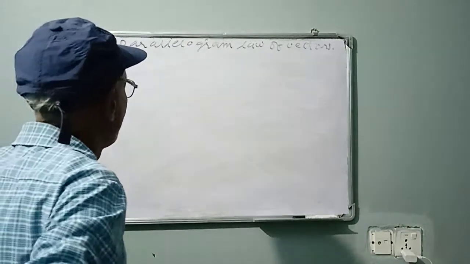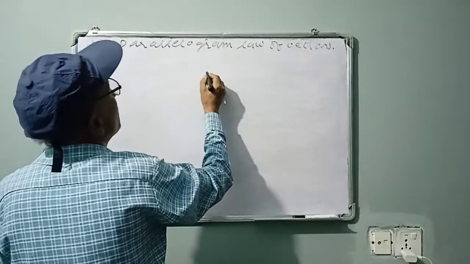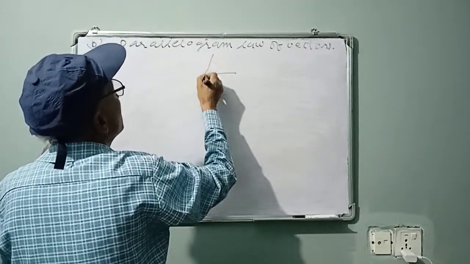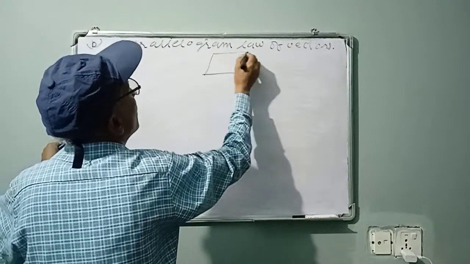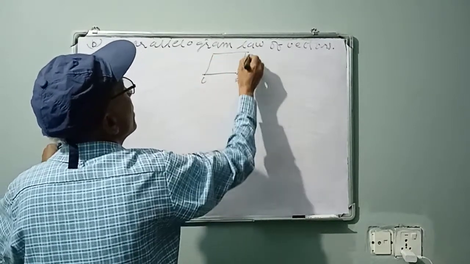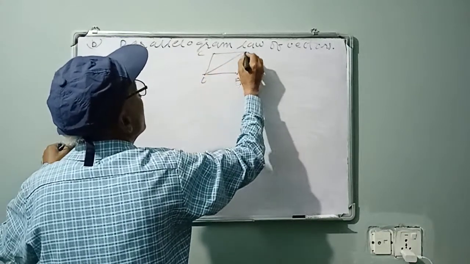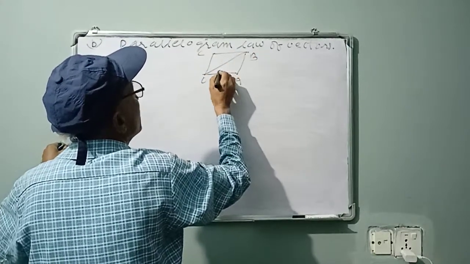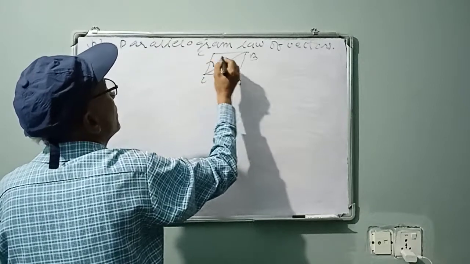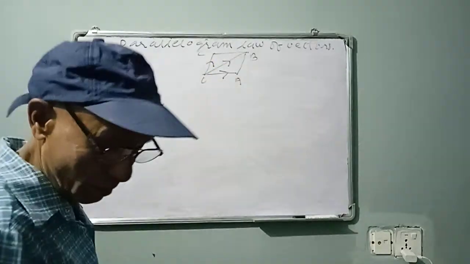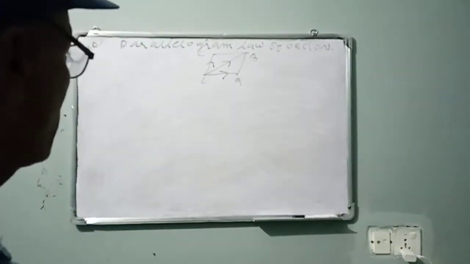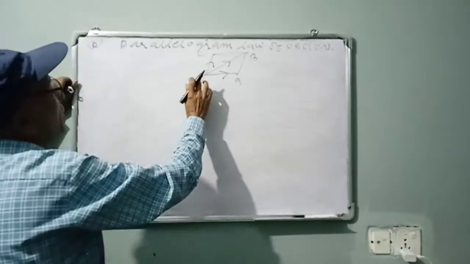First, make a parallelogram. Say OABC. Parallelogram law of vector addition. OABC is a parallelogram.